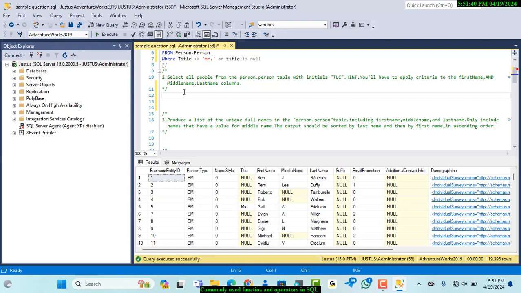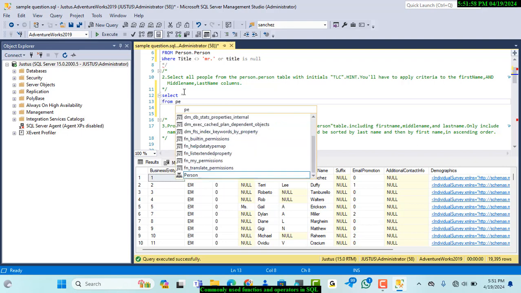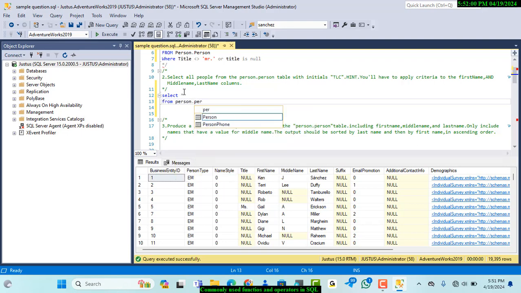So the query here must take that into consideration. So first I need to select star from Person.Person. So I'm going to use this table here.